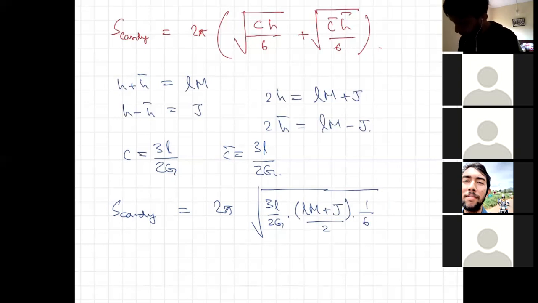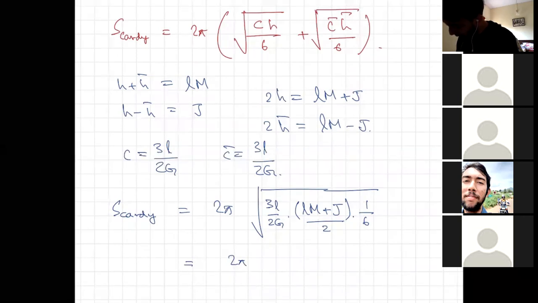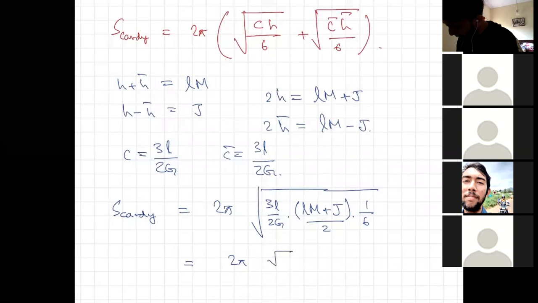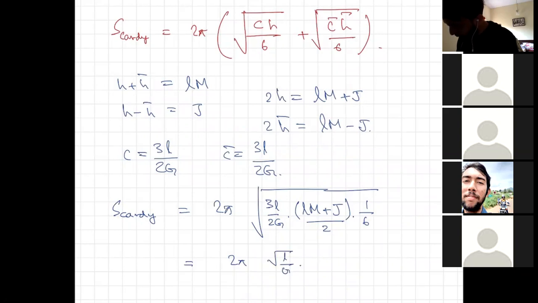Maybe I've missed a factor of 2 outside somewhere. So this is 2 pi into the square root of L over G, and this 2 also goes off. So this is 6, that's 3. There's a factor of 2 down here, so let me put the factor of 2 here.